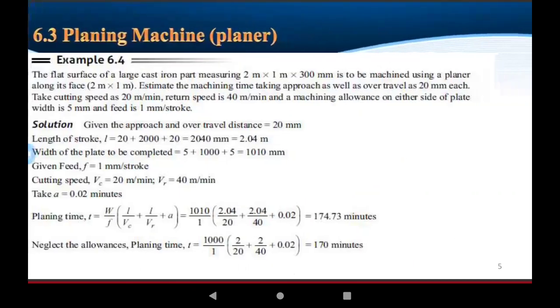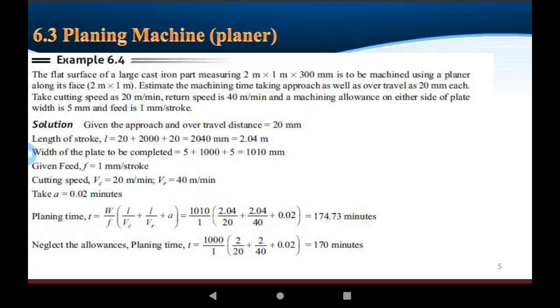Planing time problem: the planer machine is given a flat surface of a large cast iron part, assumed to be 2 m by 1 m by 300 mm, to be machined using a planer with a table of 2 m by 1 m.